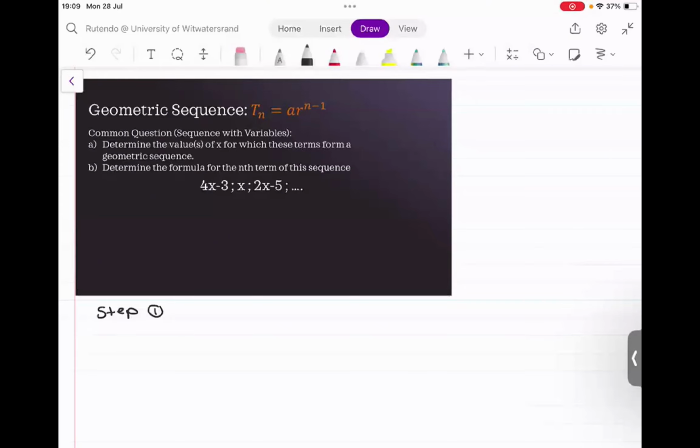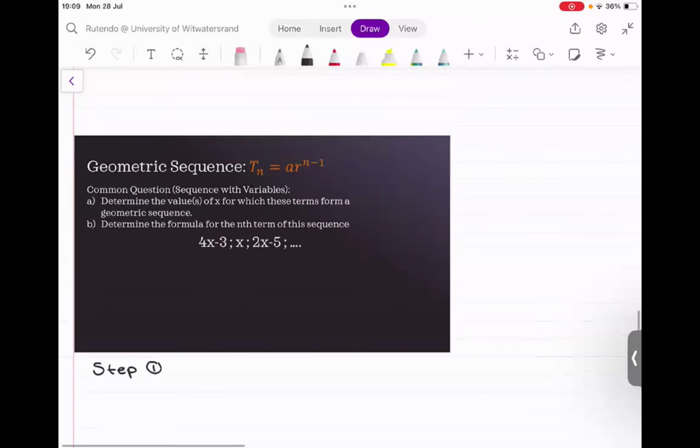T2 over T1, right? And then we're going to equate it to, my handwriting is so bad, it didn't get better. But yes, we're going to find the common ratio, or we're going to use the fact that we know that the common ratio is going to be the same, right?